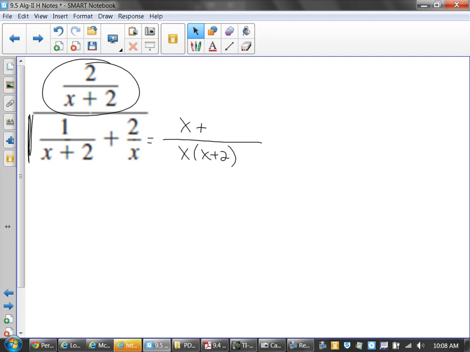X plus 2. So now, that new fraction we've just created turns out to be 3x plus 4. Math is hard. Do we agree that this new numerator is 3x plus 4?